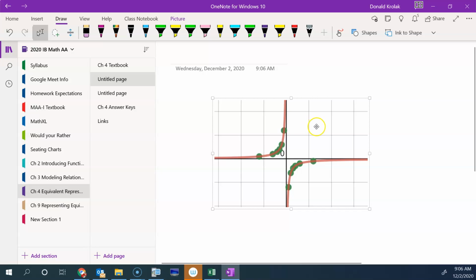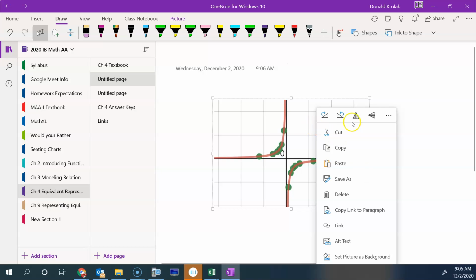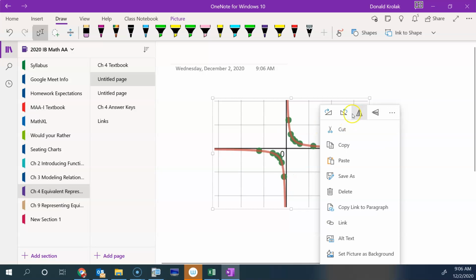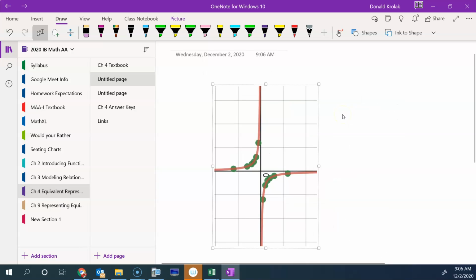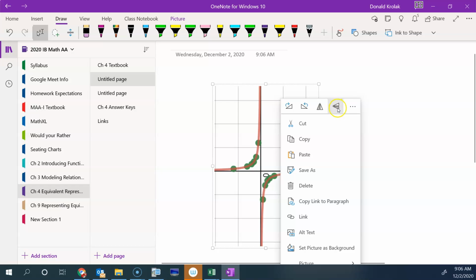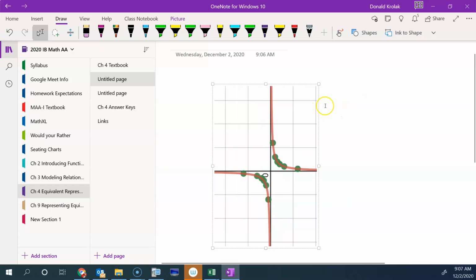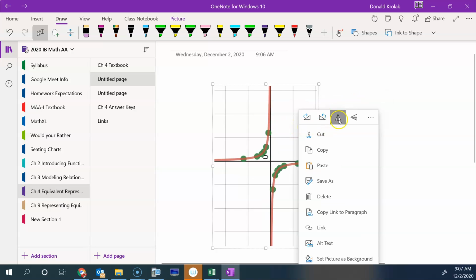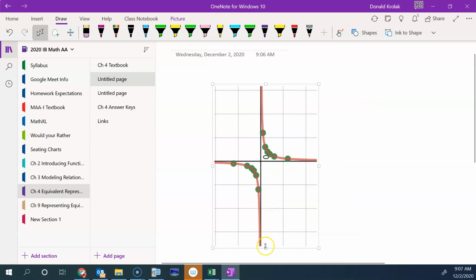That would be different, okay? Now let me flip it back. If I flip it over the y-axis, so flipping it over the x and flipping it over the y create the same graph. This graph and the one I had a second ago are the same. So flip, flip, whoops, flip. Okay, that was what I started with.